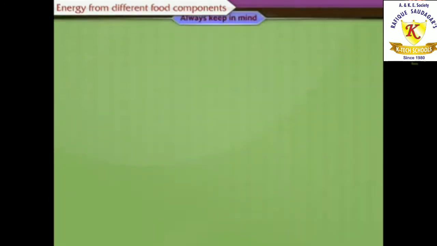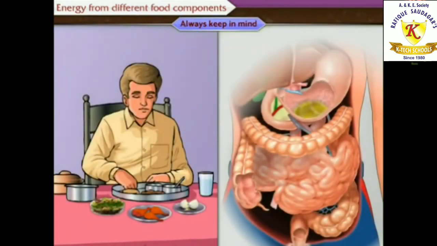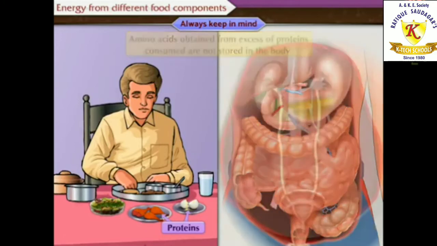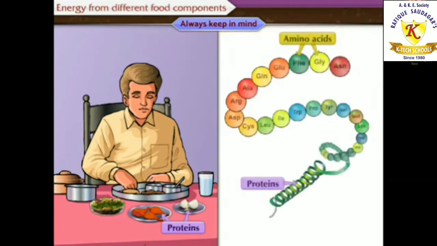Children, always remember, always keep this in your mind. Excess of amino acid obtained from excess of protein consumed are not stored in the body. They are broken down and the ammonia formed is eliminated out of the body.